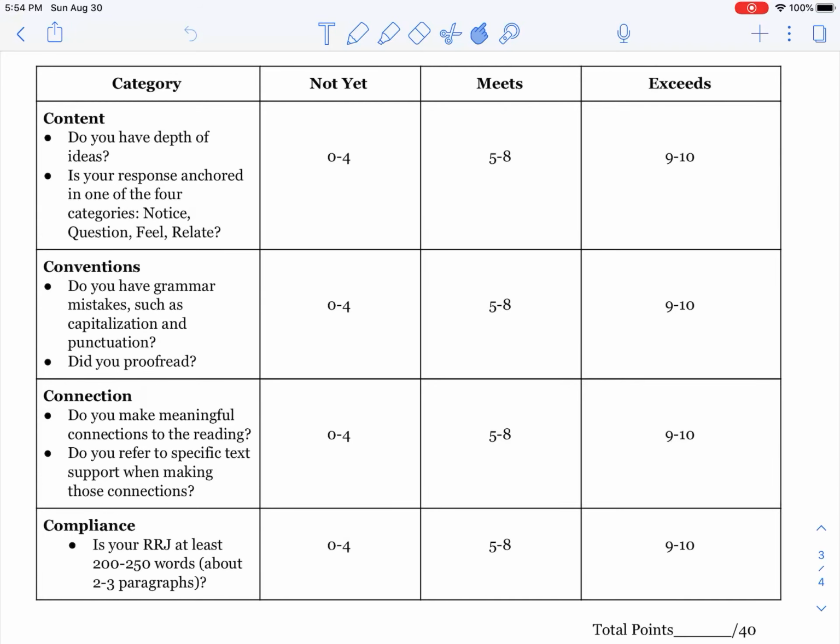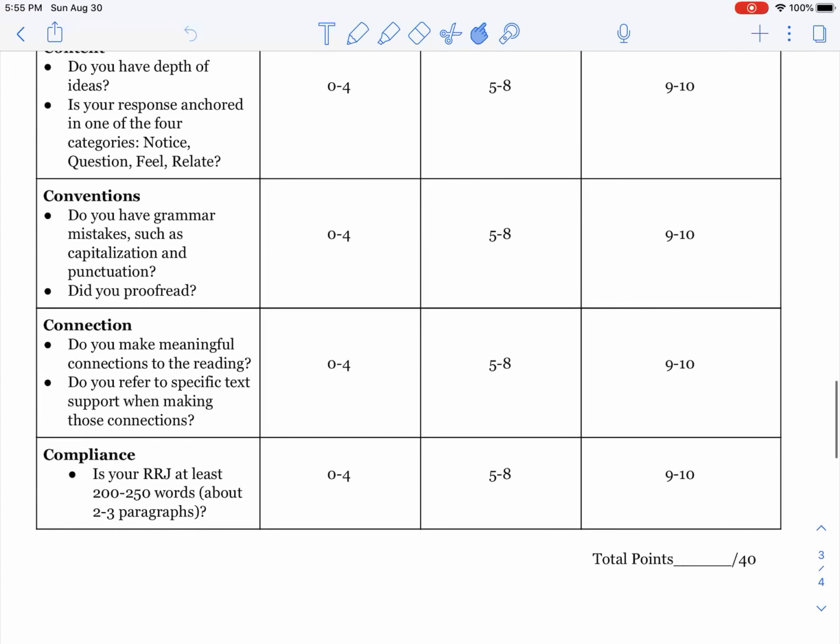There are a few mistakes, but they don't impact the understanding of what we're reading. If you're exceeding it, that means you're doing abundantly well. You very obviously proofread it. You have great sentence structure. You did a really good job developing your paragraphs and so on. And then on through. So those are the point values for a total of 40 points.